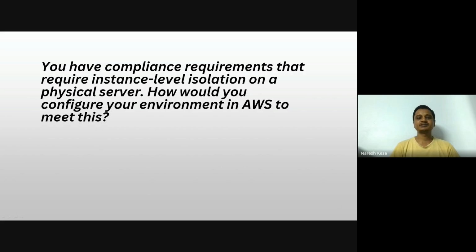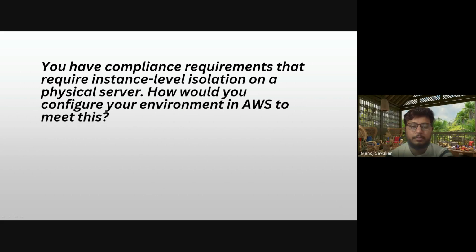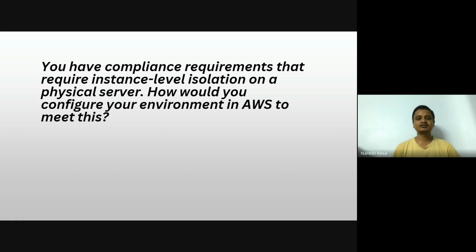Dedicated instances means we can run these on hardware that's dedicated to only a particular single customer. However, AWS chooses the physical server for your business. You don't have visibility into which host your instance is placed, and it is useful if you want isolation but don't care about placement. Another option is dedicated hosts.